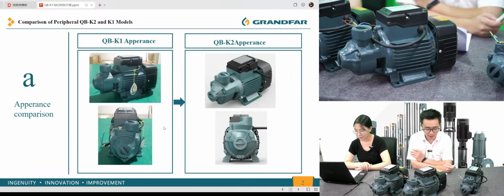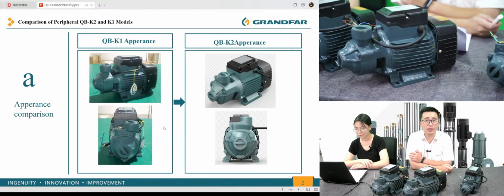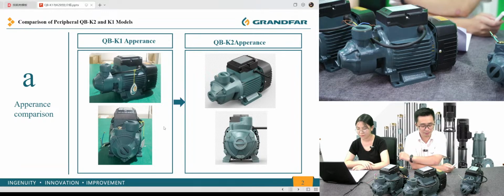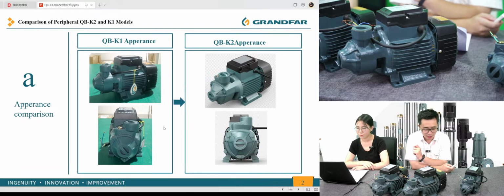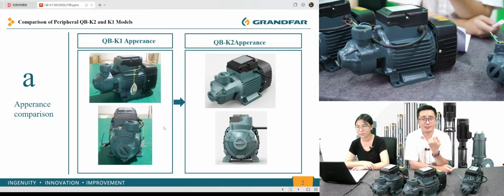Now, let's look at the first part, appearance comparison. As we can see in this picture, the photo on the left is our old product, the QB version K1. And this outlook looks like the left picture in the PowerPoint. And on the right, we upgraded version K1 to version K2.